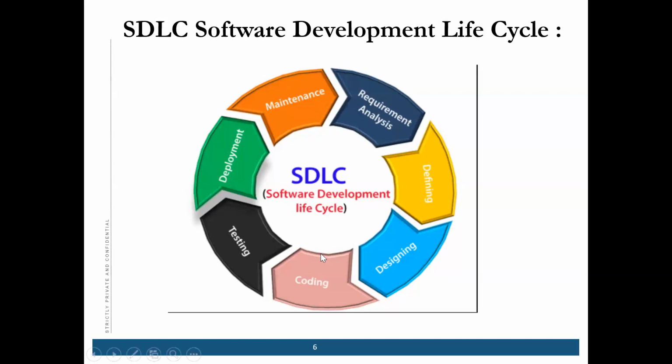After deployment, it will be a production environment. Once the QA environment testing is done, then comes the production environment. Production environment means you have deployed your code to a real environment, and it is ready for the users to use that particular product or project, whatever you have delivered.